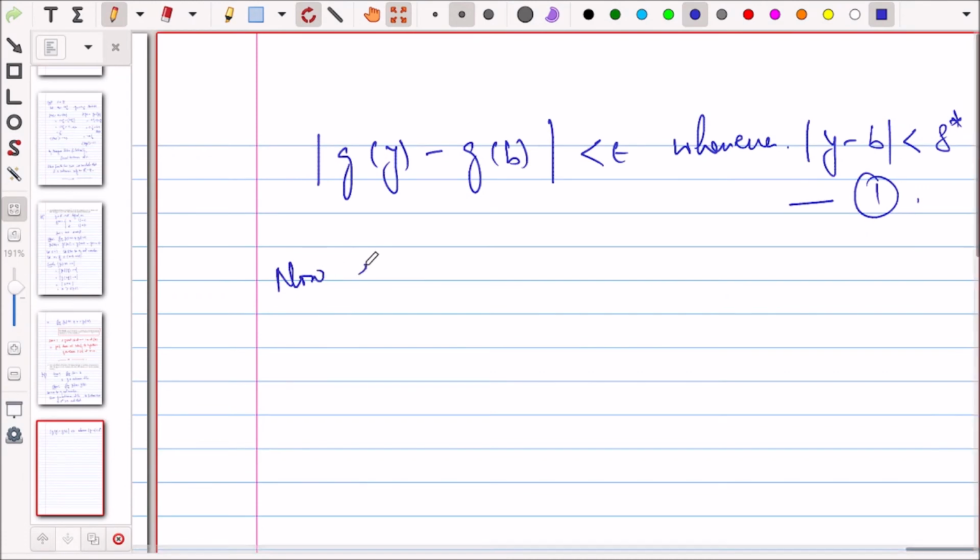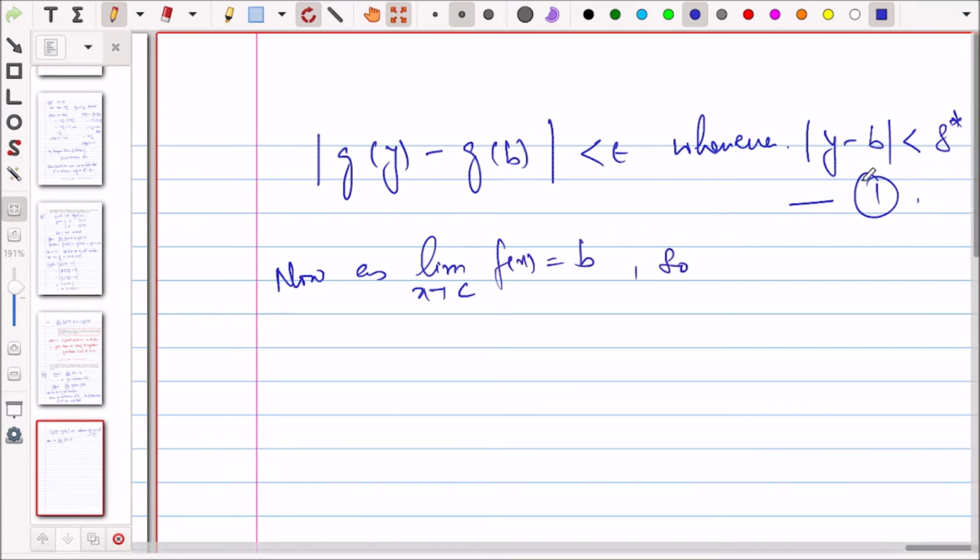Now as limit x tends to c, f(x) is equal to b, instead of using epsilon we will use this delta star.